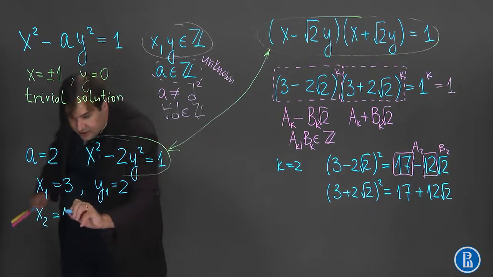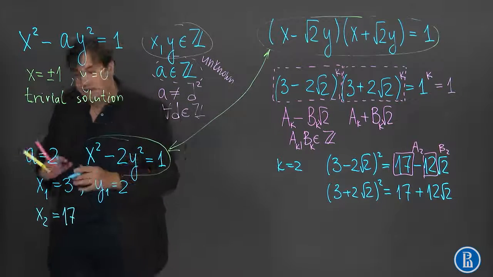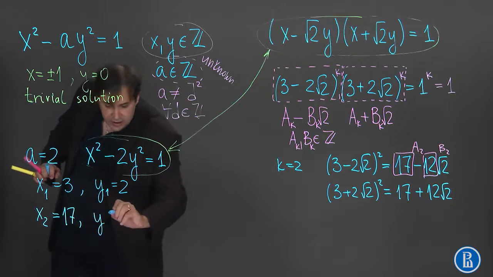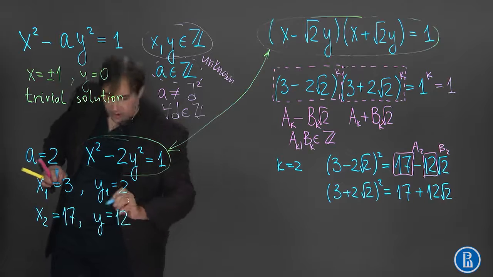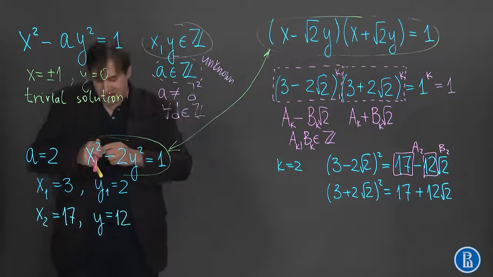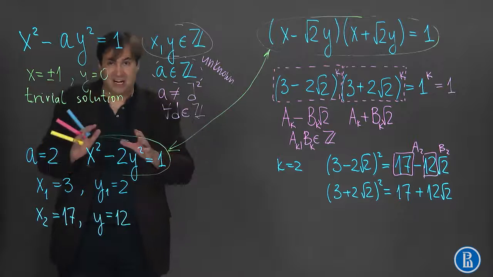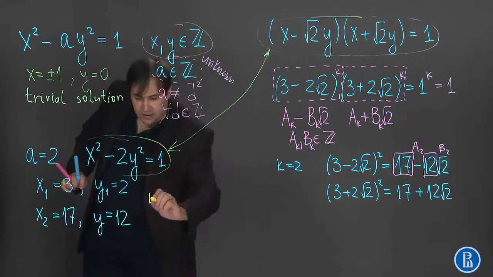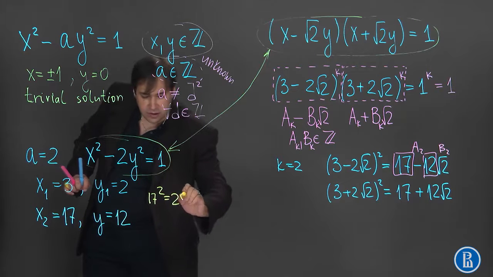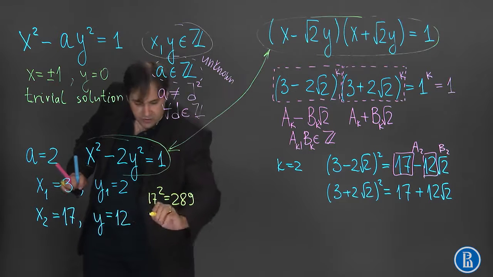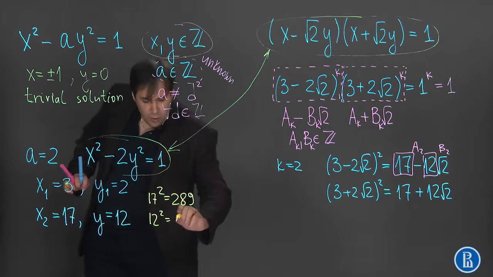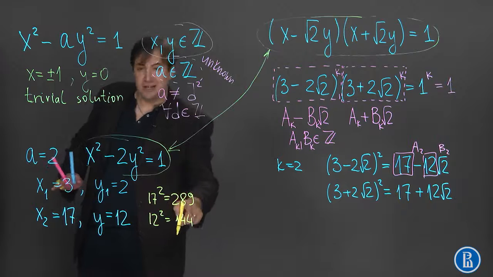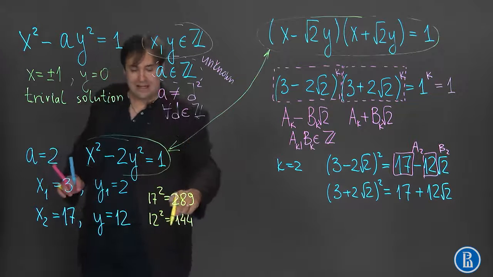X is equal to 17 or minus 17. We understand that the sign does not influence anything. And y is equal to 12. Well, if you don't trust me, and I hope you don't, because this is mathematics and we need to check everything, then we can check this pair of numbers. Well, 17 squared is equal to 289, and 12 squared is equal to 144, and multiplied by 2 is actually 288, which is just 1 less than 17 squared.